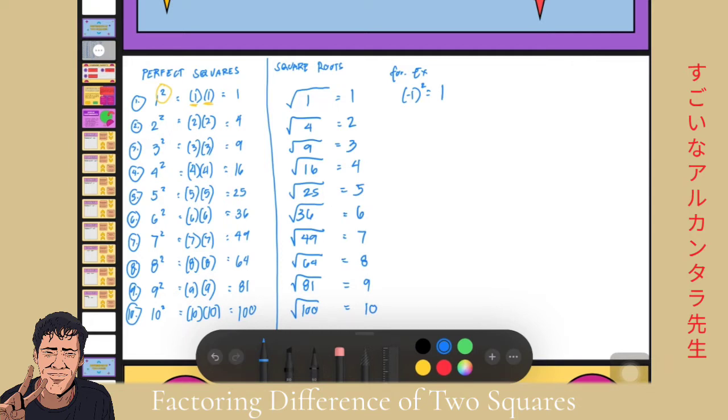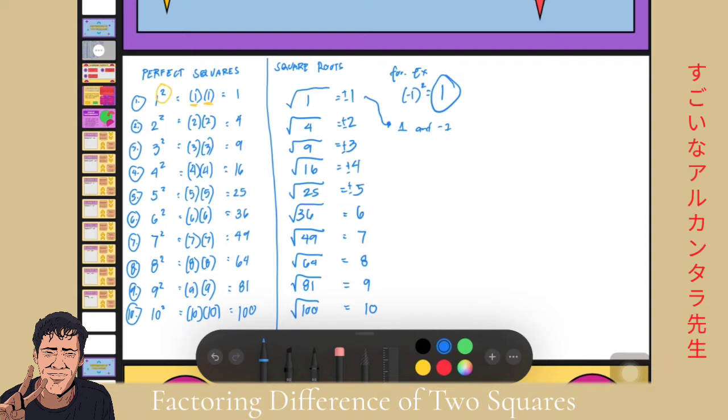Therefore, the square root of 1 is positive or negative 1. You will see a symbol like that. This implies that we have 1, the positive, and the negative 1 as the square roots of this given. Similarly for 2, because negative 2 times negative 2 is positive 4, and so on and so forth.